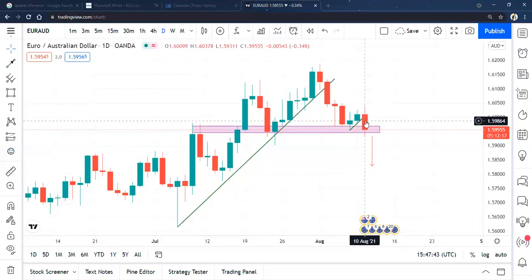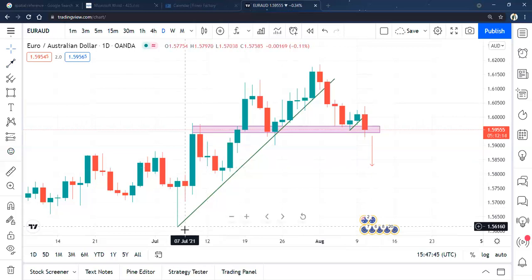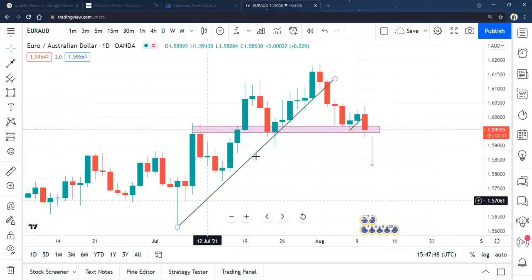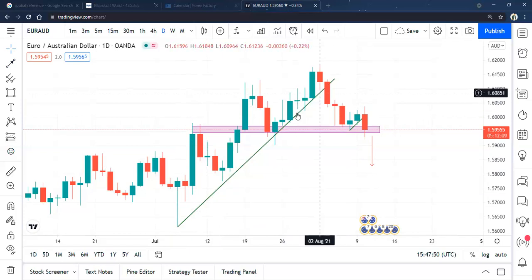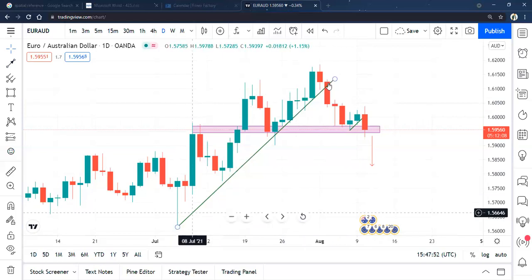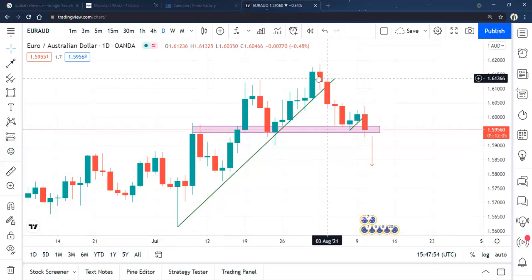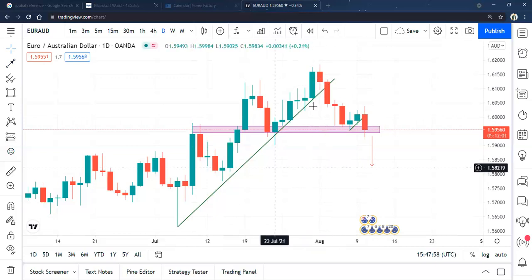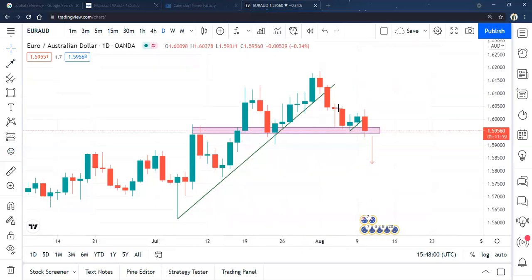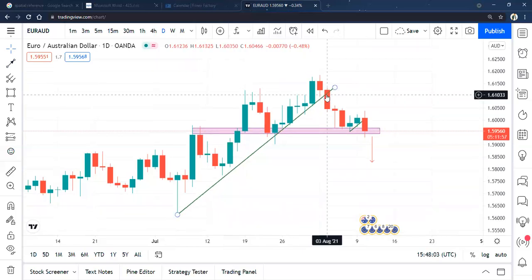Before that, allow me to show you that I drew a trend line there. Now I'm trying to look for a way in which I can enter at this level. I start with the daily time frame, and after that I look at lower time frames.